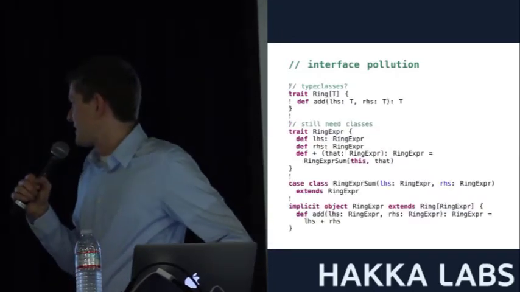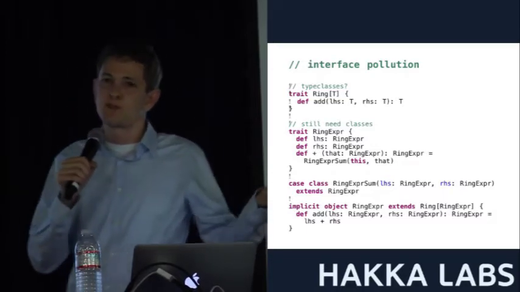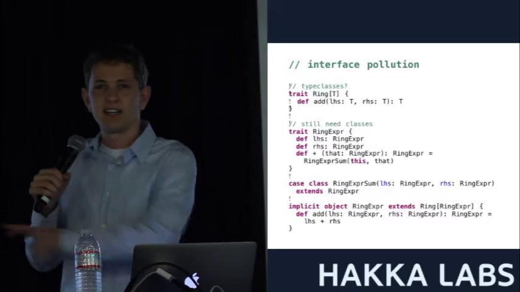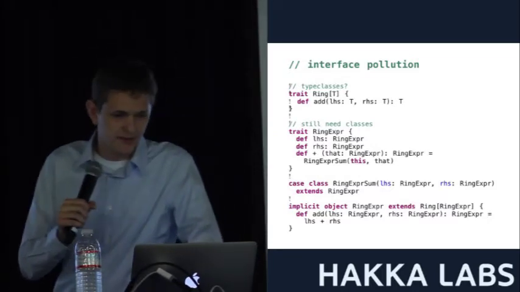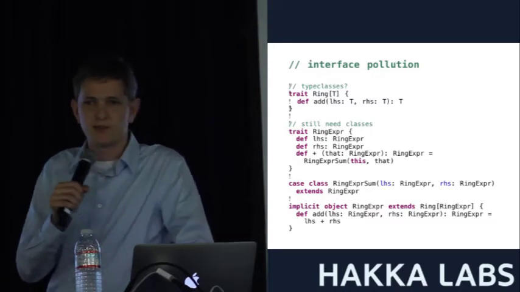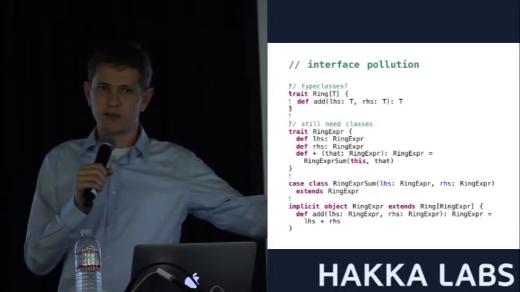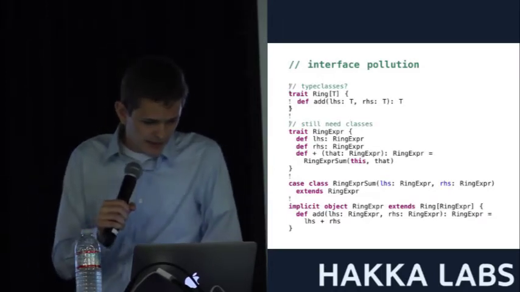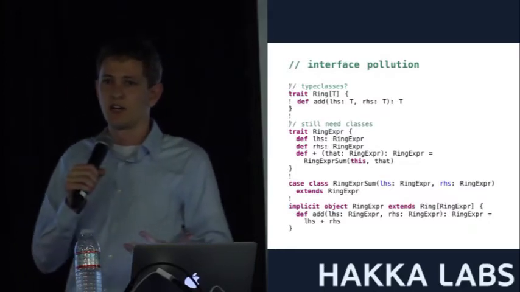Now, what about type classes? Scala has type classes, which can solve pretty much anything by adding extra indirection. And I don't want to knock type classes at all. I love them, and they're great, especially when you don't have any control of the original source. But the thing about type classes is they still need classes. They still need some kind of underlying model.